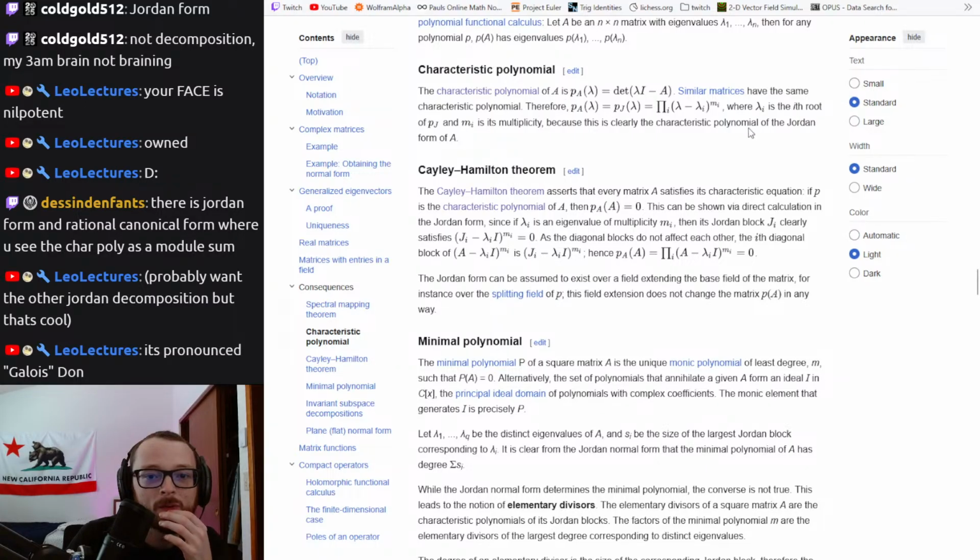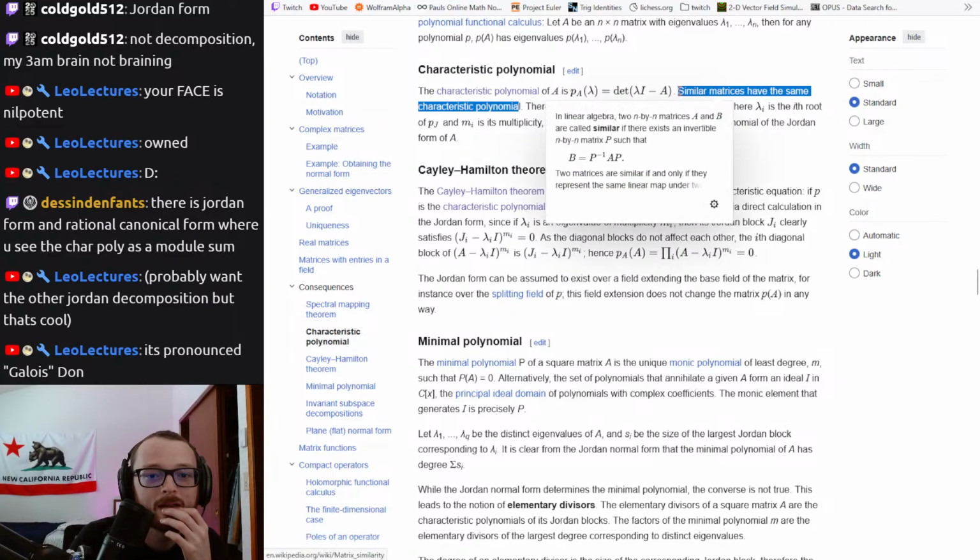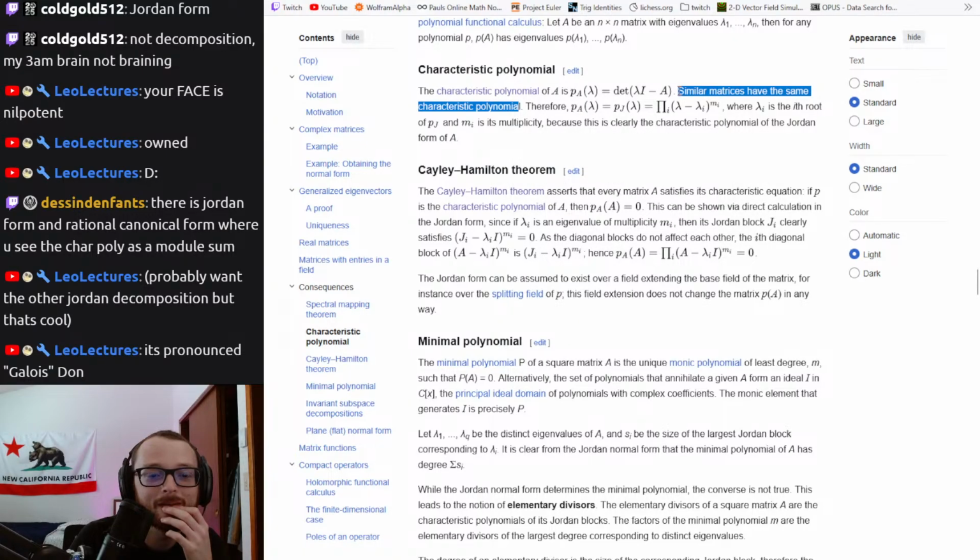Similar matrices have the same characteristic polynomial. Really? I didn't know that. I feel like that's probably simple enough to show. I don't know how you would immediately, though.